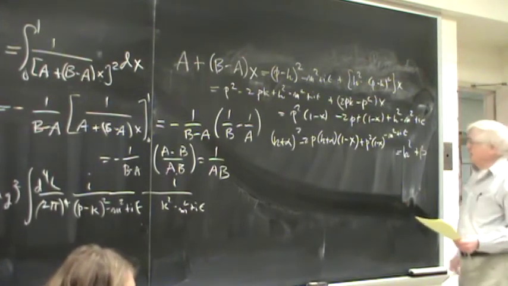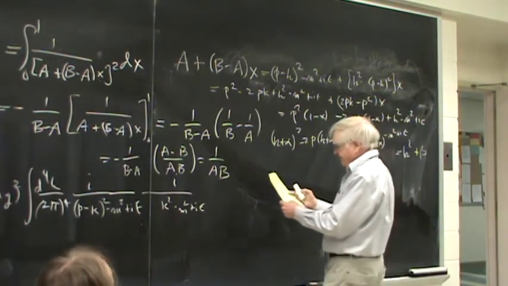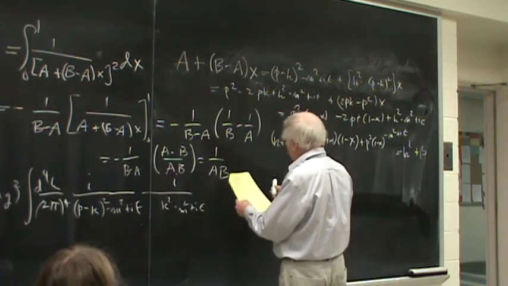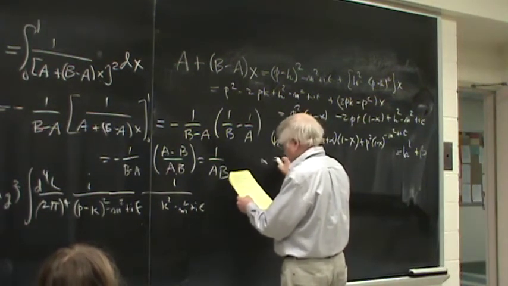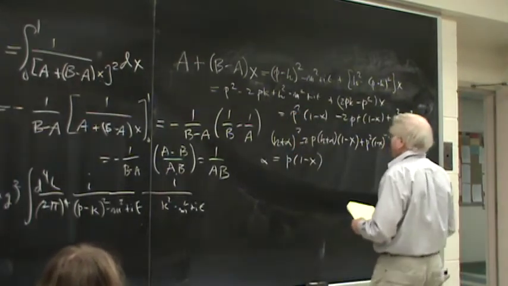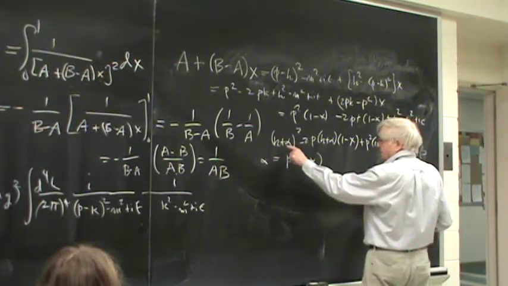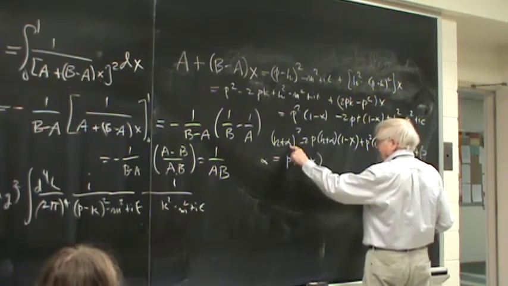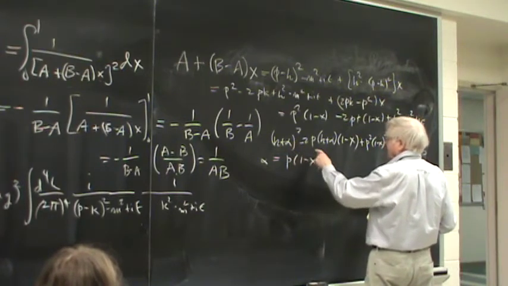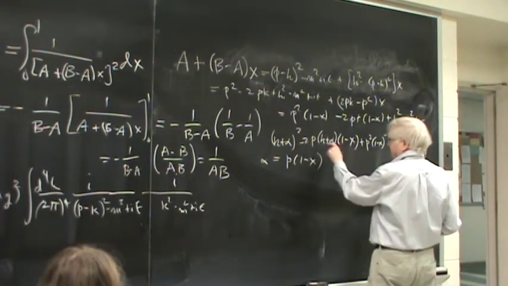Well, we want to get rid of the linear term in k, and so that means that we set alpha equal to p(1 minus x). That way we have 2k alpha here, and over here we have minus 2p(1 minus x)k.